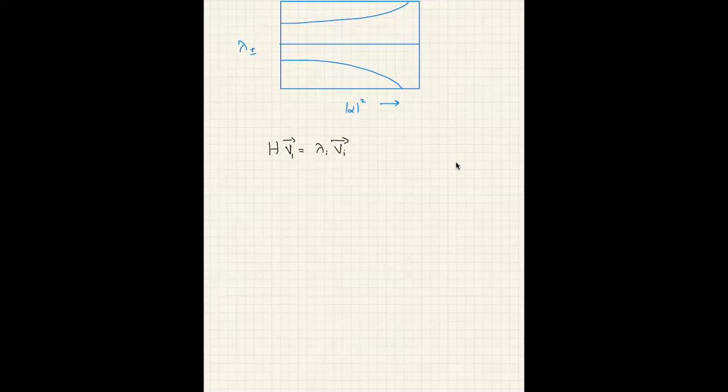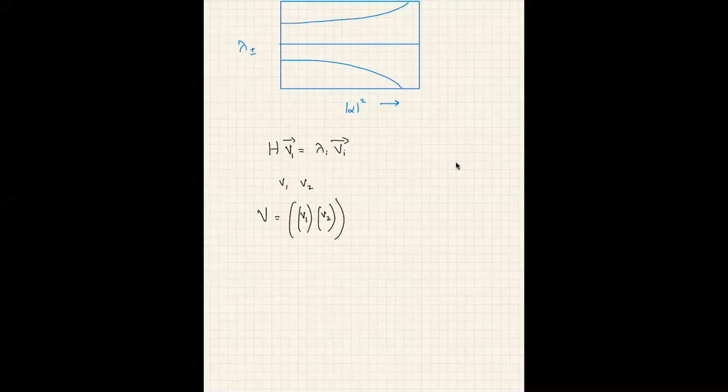Then you can form a new matrix out of these vi's. Suppose we have two eigenvectors, v1 and v2, I can form a matrix V which is basically v1 and v2 arranged this way.